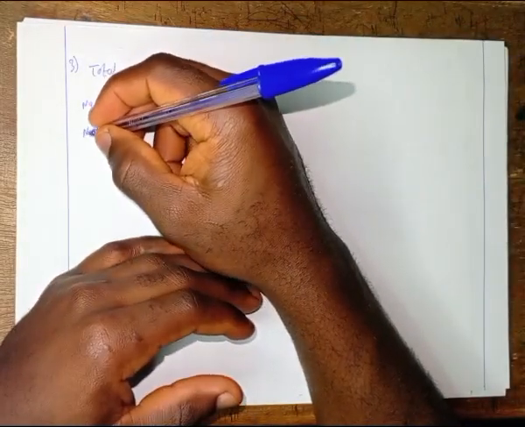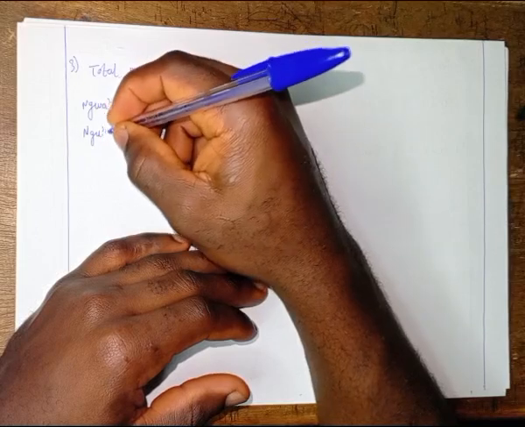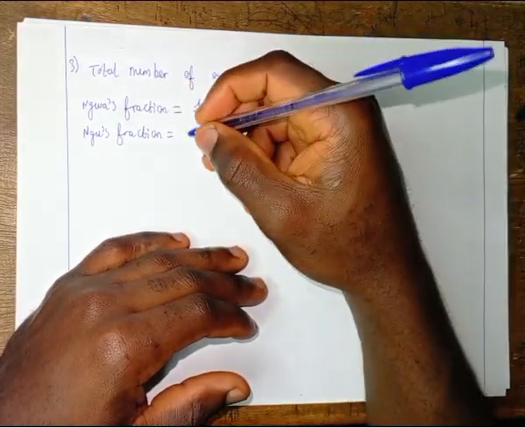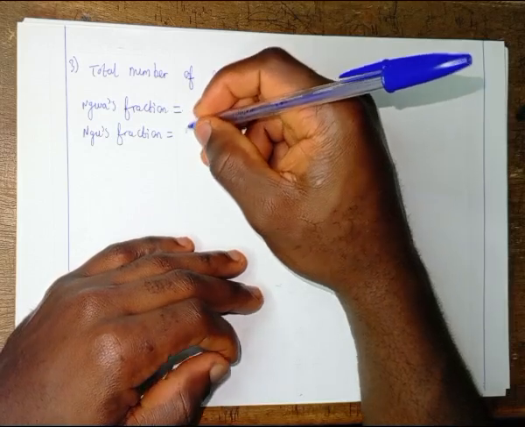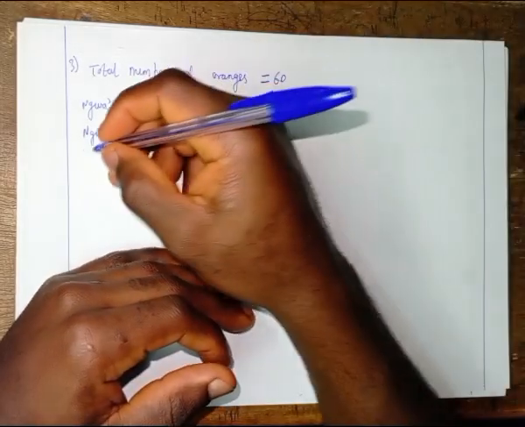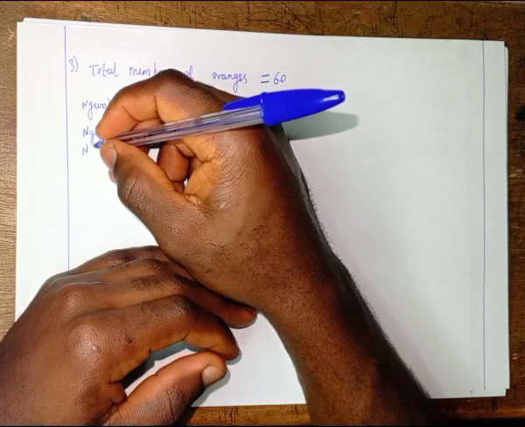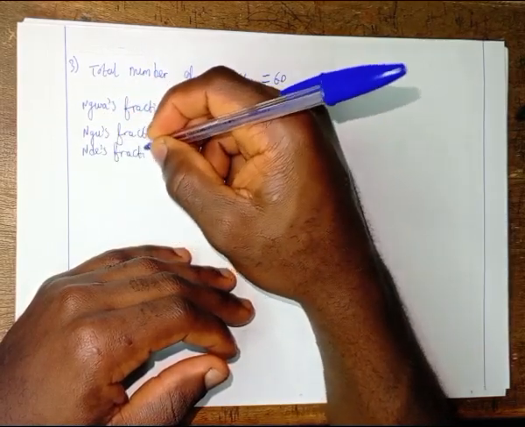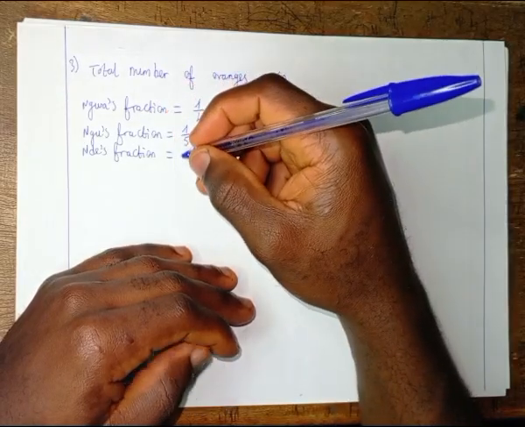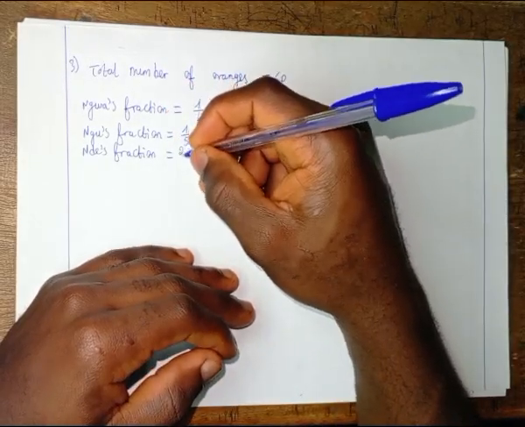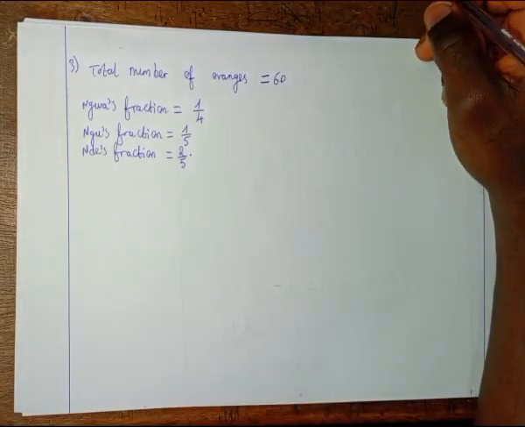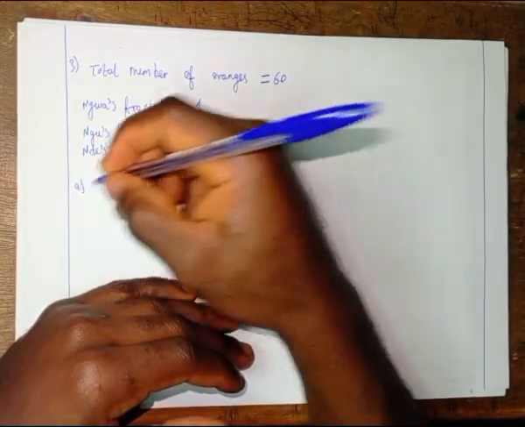Next we have Ngu's fraction is equal to 1 feet. Next we have this fraction is equal to 2 feet respectively. It says find the number of oranges each person receives in question E.